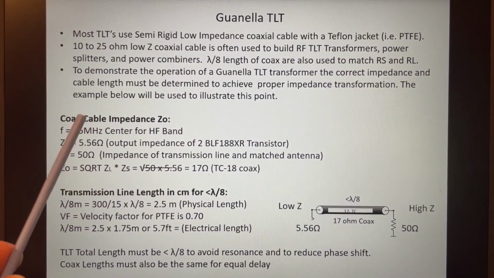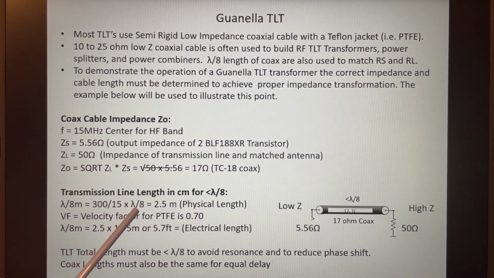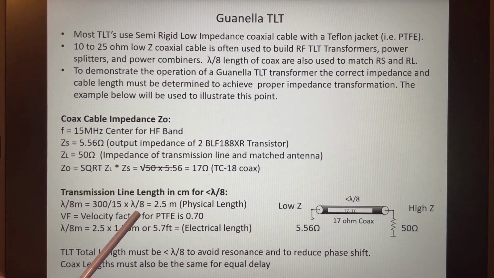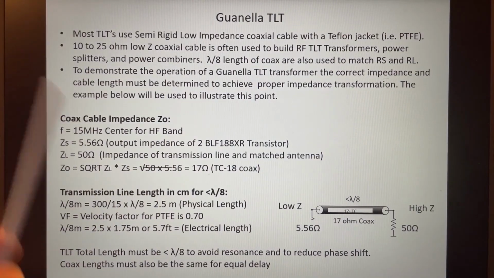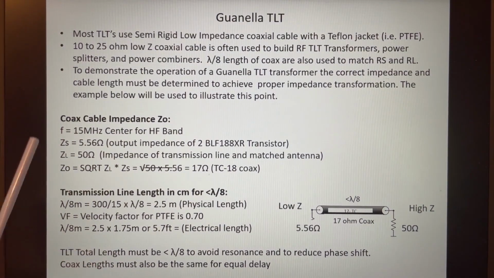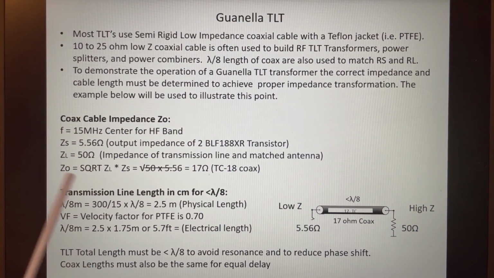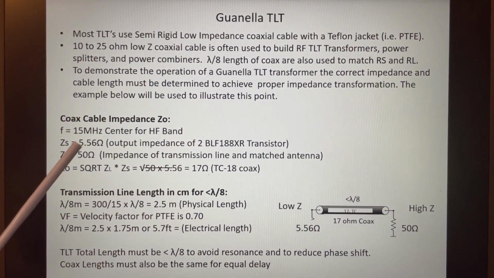Now for VHF, you're actually calculating the eighth of a waveform. Let's say for 2 meters, 144 megahertz, and now it's more like 14 centimeters. So you're trying to keep it just below the 14 centimeters. But with the high frequency band, which is much lower in frequency and wavelength, it's not that critical. Just keep it as short as possible.